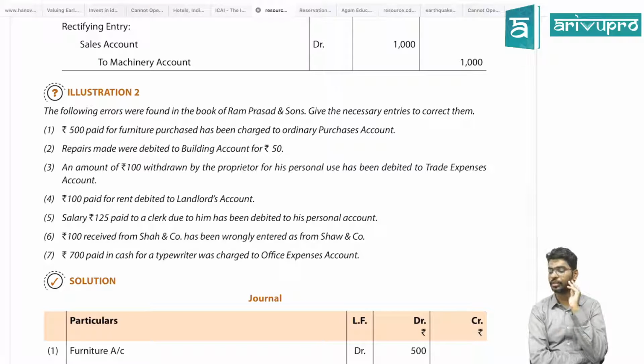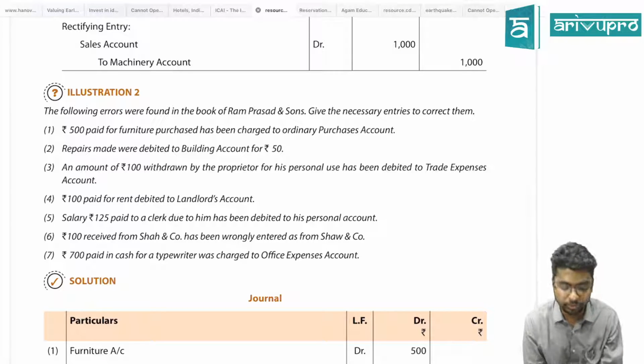Write down. Wrong entry? Trade expenses to cash account. They are saying it was debited to trade expenses. So instead of drawings, you are debiting it to trade expenses.